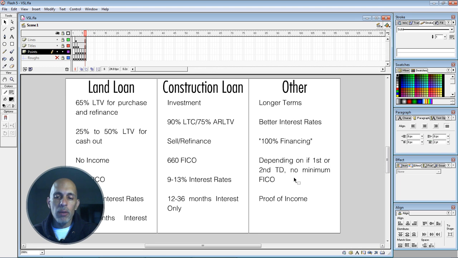If we're going hard money and we have to close in 2 weeks, even if you have great income or a great credit score, the time to close is of the essence. You need money in 48 hours, you need it in 2 weeks. We can do this. It's going to be higher interest rates, but it's going to be considered private money or hard money. So those are the different ways that we can get you money.